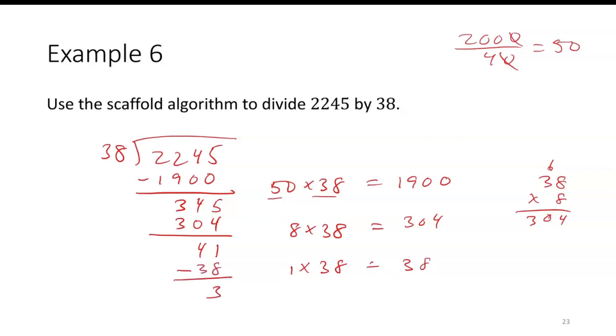And now I can't do any more. So if I add these up, 50 plus 8 plus 1 is going to be 59. And then the remainder is 3. So 2,245 divided by 38 is 59, remainder 3.